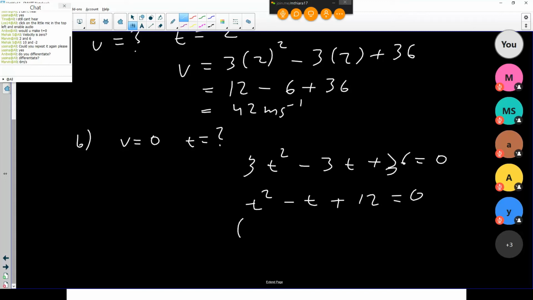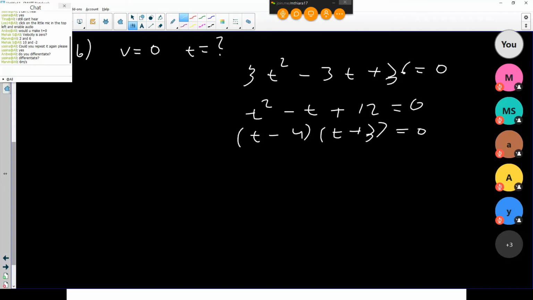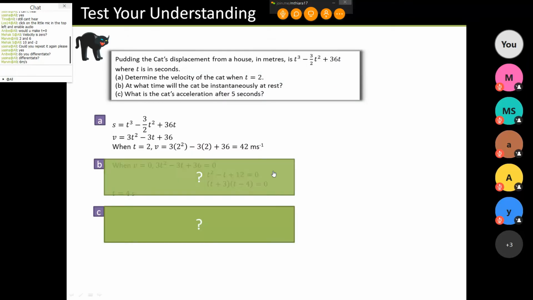If I factorize this, I get (t minus 4)(t plus 3) equals 0, and so I'm going to get t equals 4 or t equals minus 3. Now I can't have negative time, so this is not a solution, so this is the correct solution. T must be equal to 4.